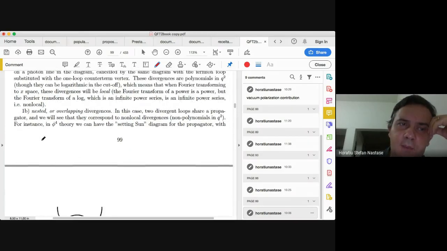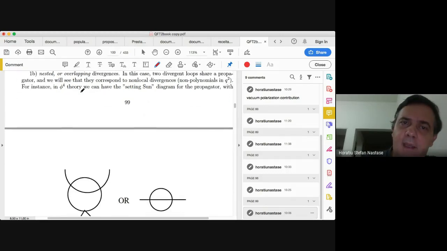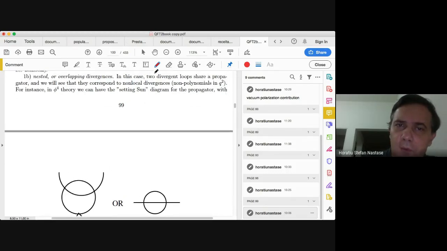So the other possibility is to have nested or overlapping divergences. In this case, the two divergent loops inside the two-loop diagram share a propagator. And these will correspond to non-local divergences, that is non-polynomial, like logs in Q squared.